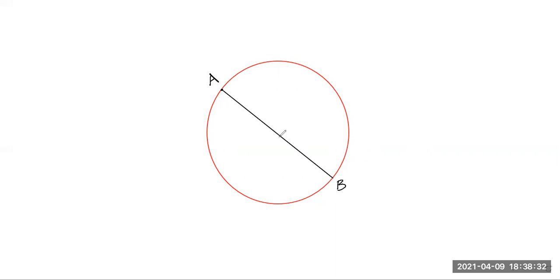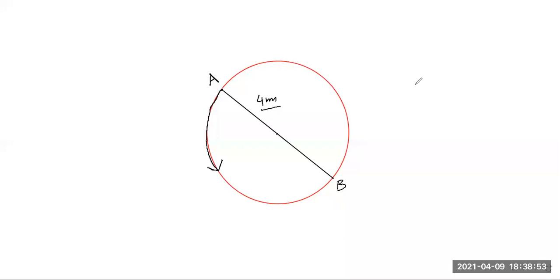Now, let us say the person travels along the circular path in this direction, and after some time he reaches B. Now, the radius of the circle is, let us say, 4 meter.